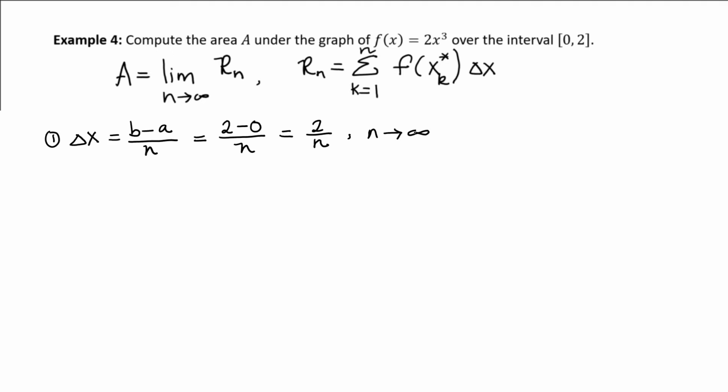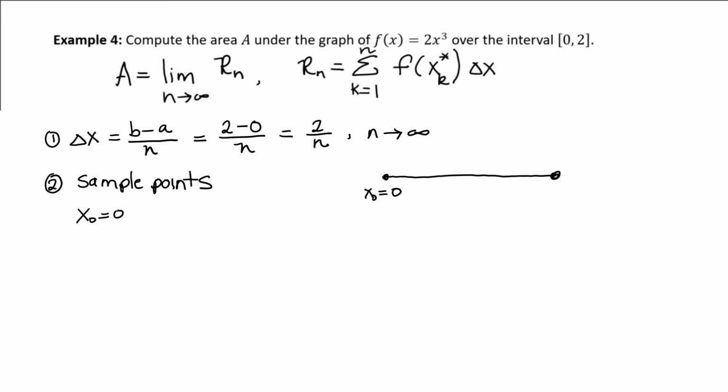From here, we need to get a representation for our sample points. I'll start by drawing a line to represent my interval, and x naught equals 0, that's my starting point.